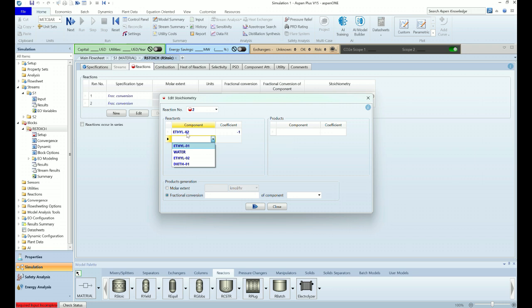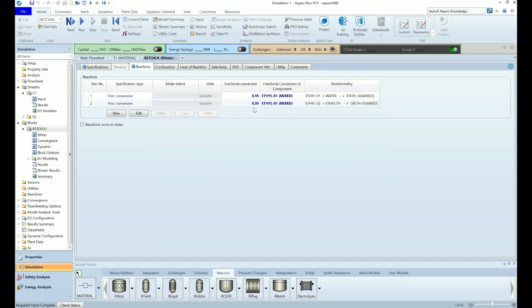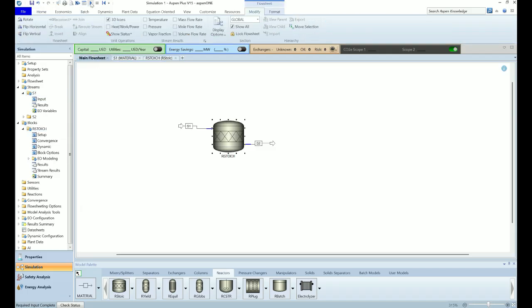So this product will be reacting with our other reactant here. And the conversion is 5% for the same base component, the ethylene oxide. So here we have defined both reactions. I think all of our variables are defined. Let's click run to look at our result.